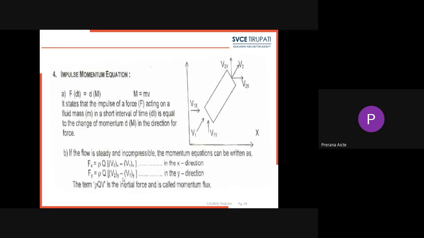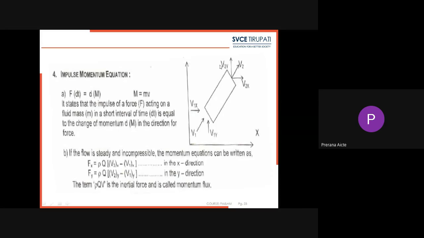Then the impulse momentum equation. If we take any body and that body moves from one place to another place, then there is a velocity acting on the body. So we consider the velocity at the first section and the velocity at the second section in all directions, that is in the x direction, y direction, and z direction.